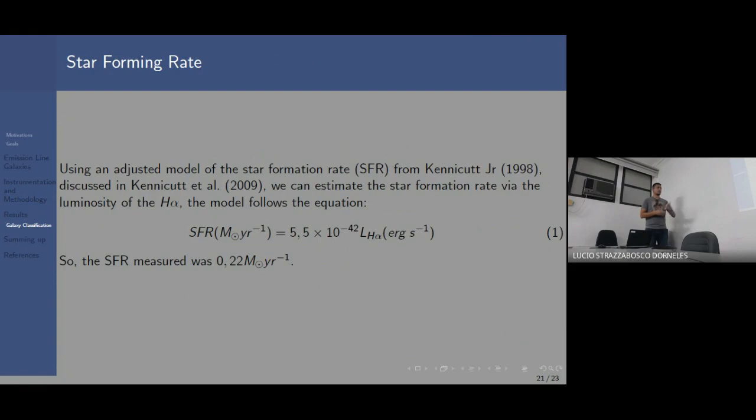The measurement was this one, 0.22 solar mass per year. That means that the galaxy is producing a tiny proportion of stars per year. That does not configure a starburst galaxy. That could configure an HII galaxy, but it is expected for a LINER galaxy.